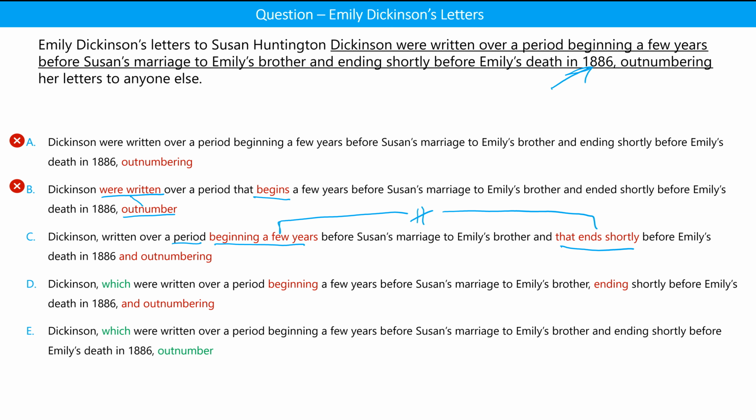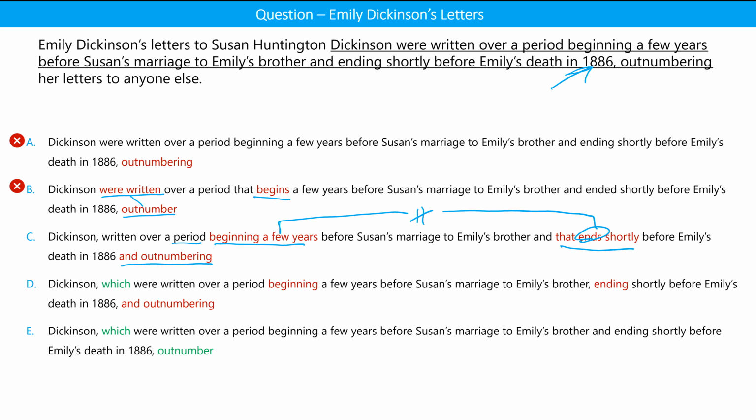And then also, if we keep digging into this clause a little bit further, we'll see the use of ends here. And again, the use of the present tense verb is incorrect because, as we discussed, the context of this sentence clearly tells us we need a past tense verb. Therefore, we would reject on a verb tense error too. And then finally, if we keep working through choice C, we see and outnumbering.